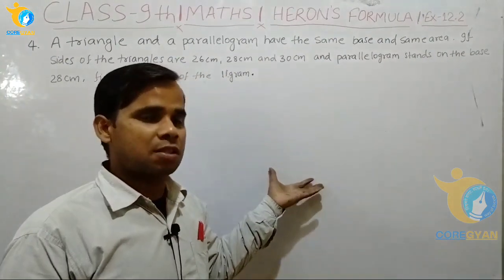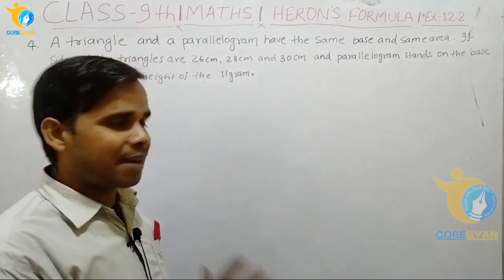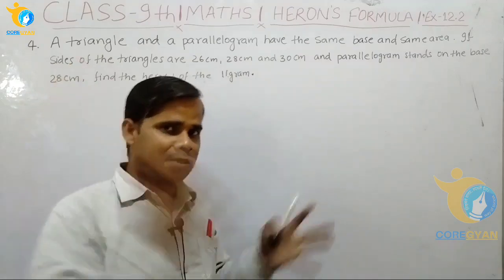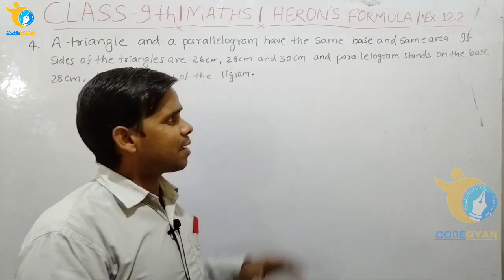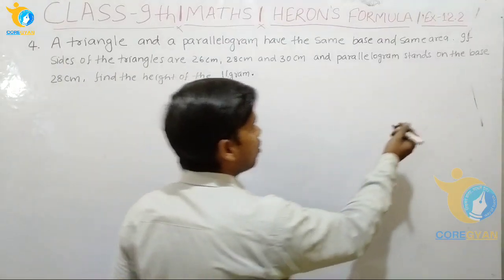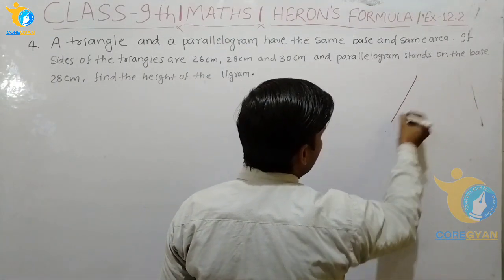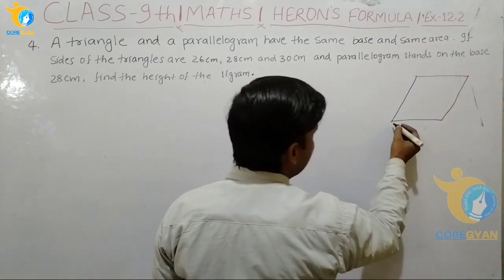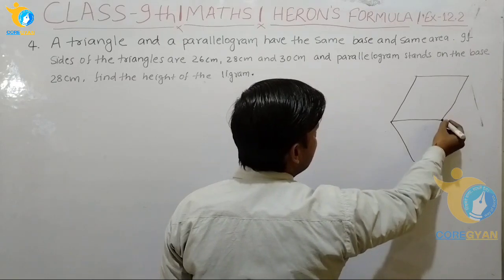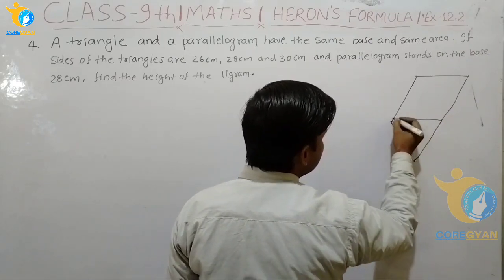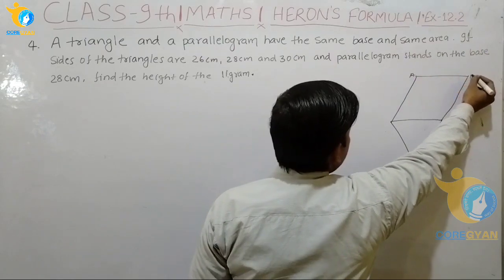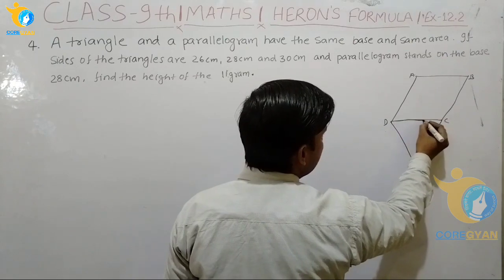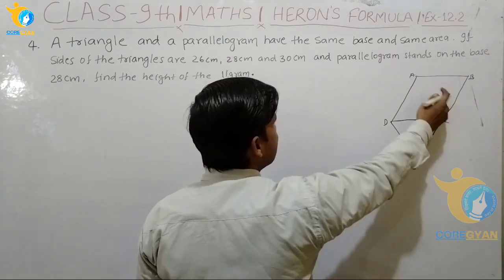So according to this question, a triangle and a parallelogram have the same base and the same area, and the sides of the triangle are given. Firstly, we have to draw the figure. So a parallelogram and a triangle having the same base. So this length is the same base, A, B, C, D and E. This is the triangle and this is the parallelogram.